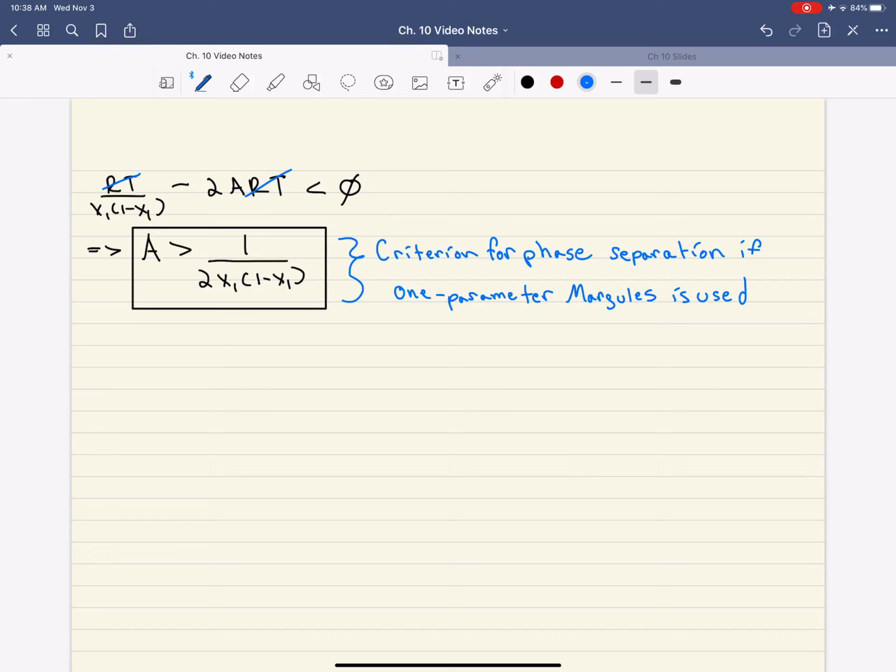Alright, and so I'll say A has to be greater than or equal to 2.